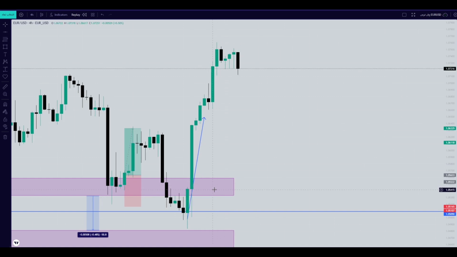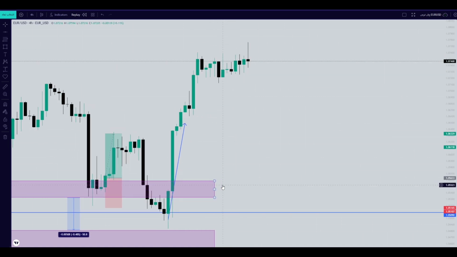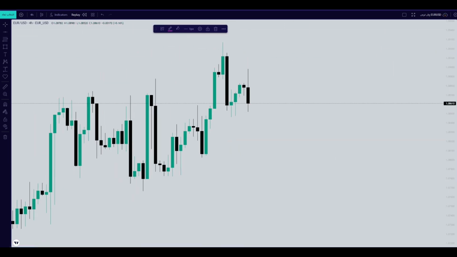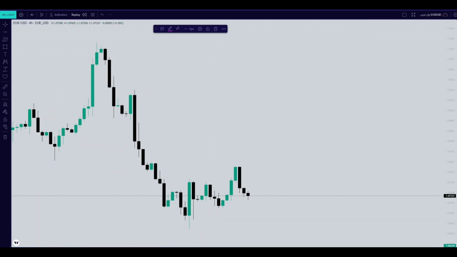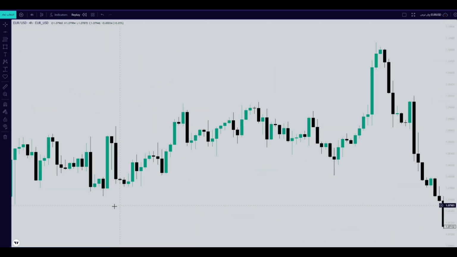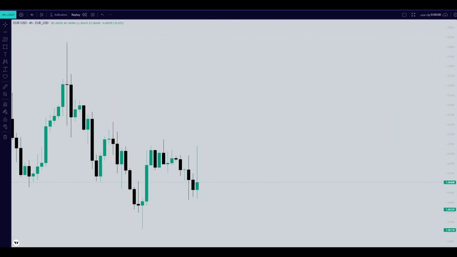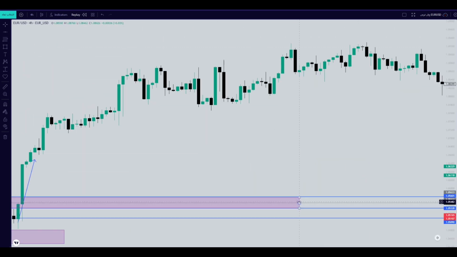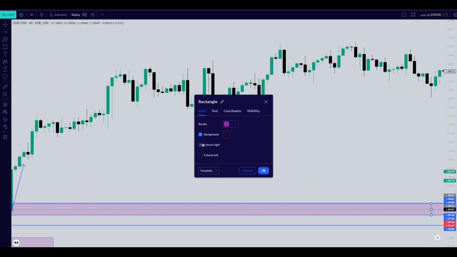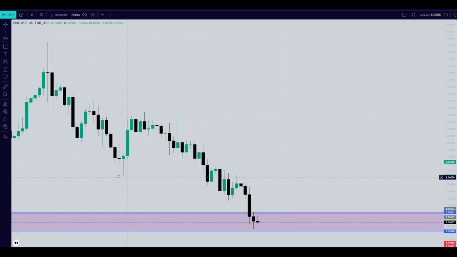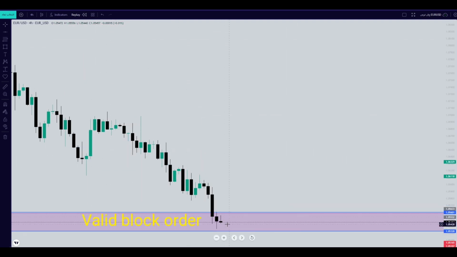Let's see how the price reacts to this order block. I mark the order blocks with two lines. Okay, here the price has touched this order block.